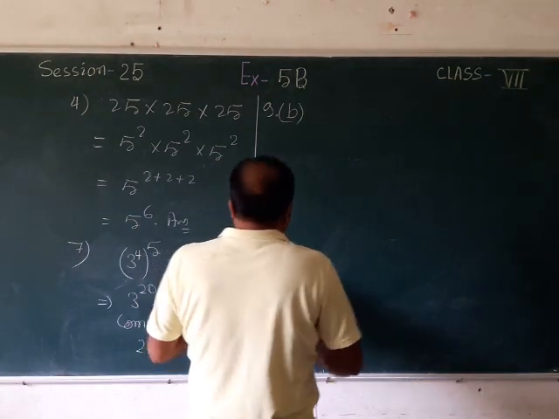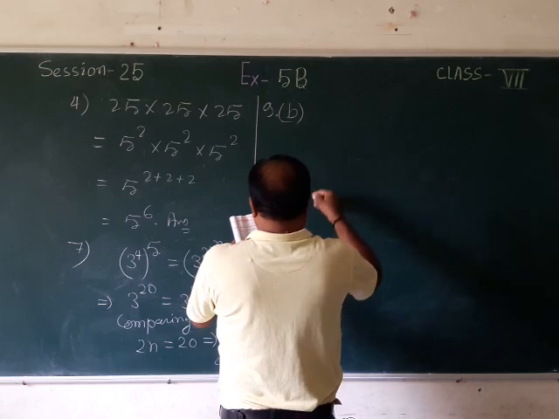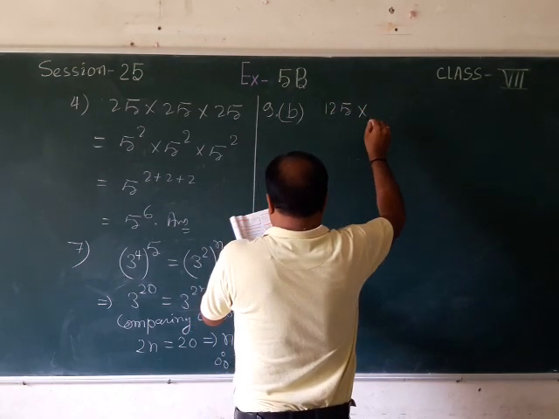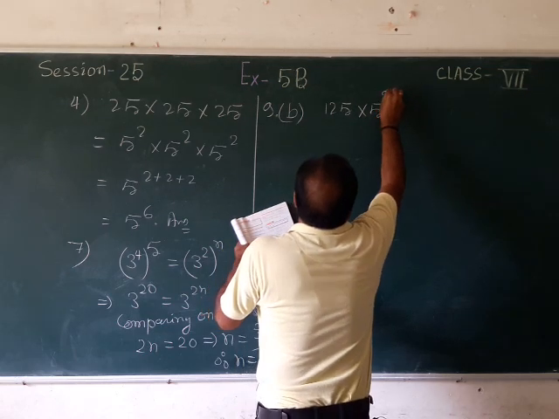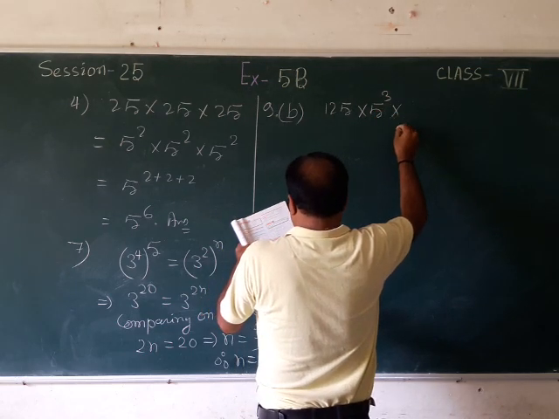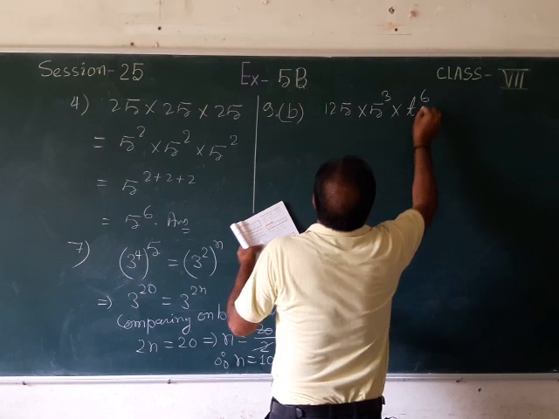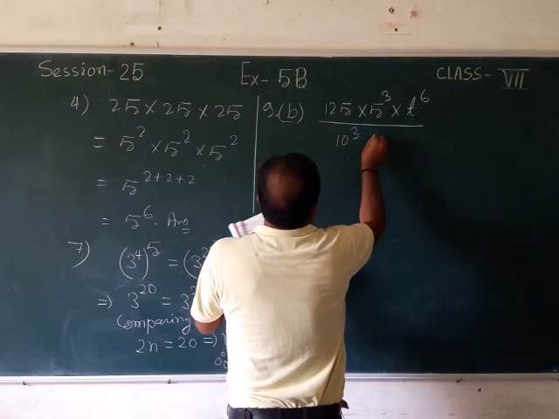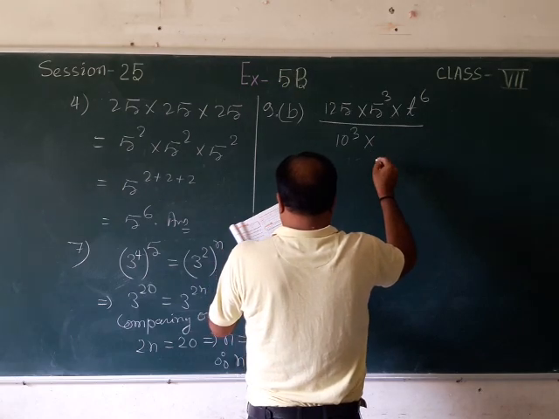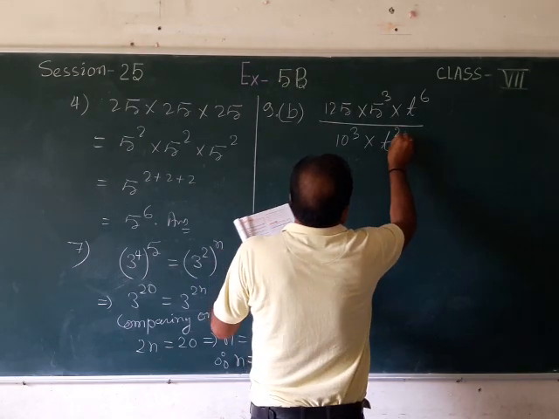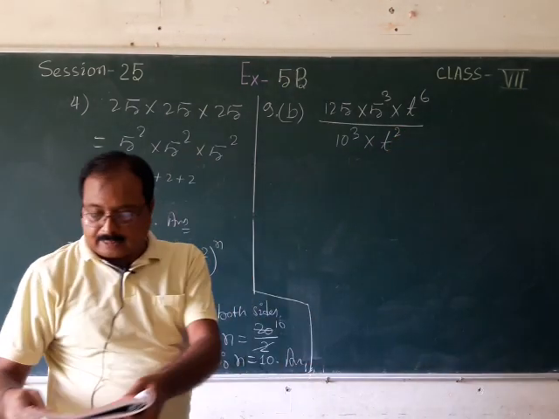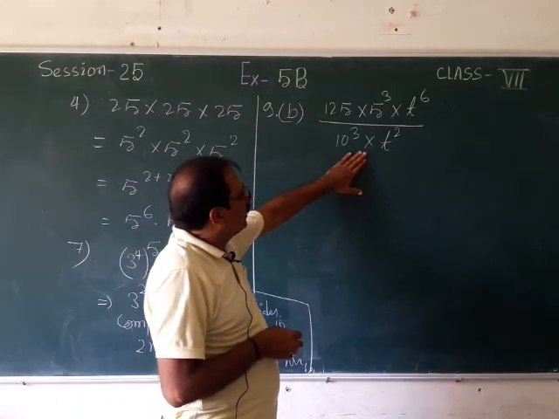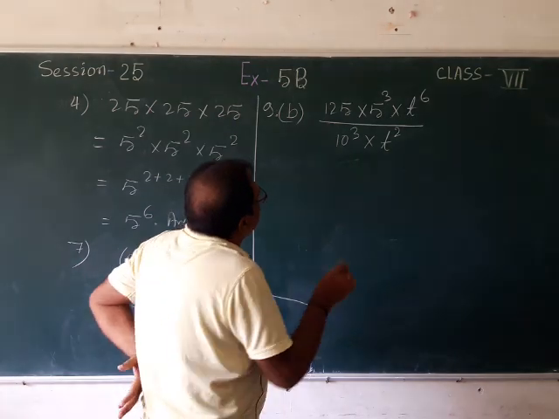In 9b you can see that the question is 125 multiplied by 5 to the power 3, and it is multiplied by t to the power 6 upon 10 to the power 3 multiplied by t square, and it is written simplify. So how we have solved the previous questions, like that only you need to do it.